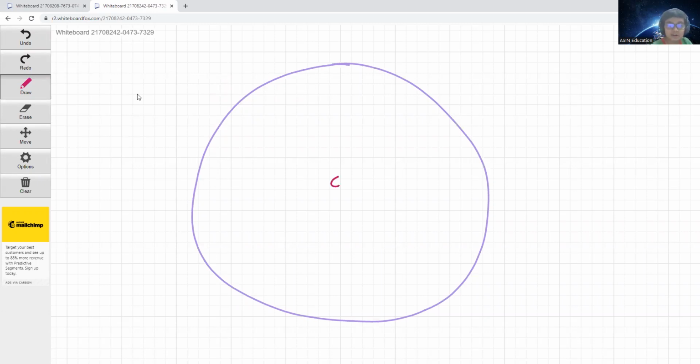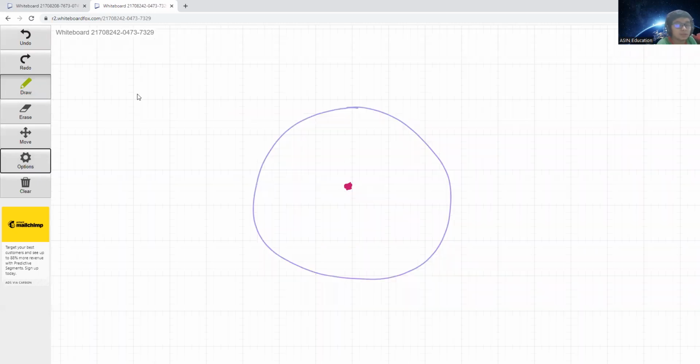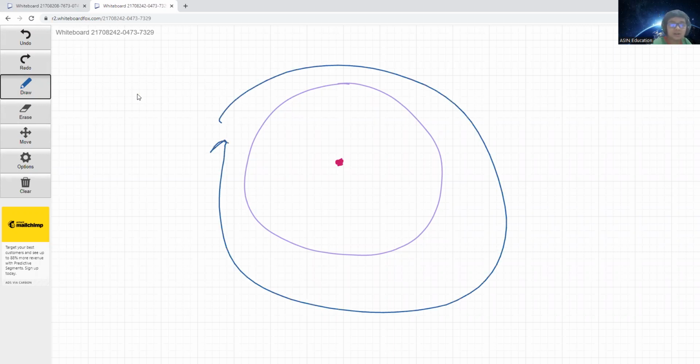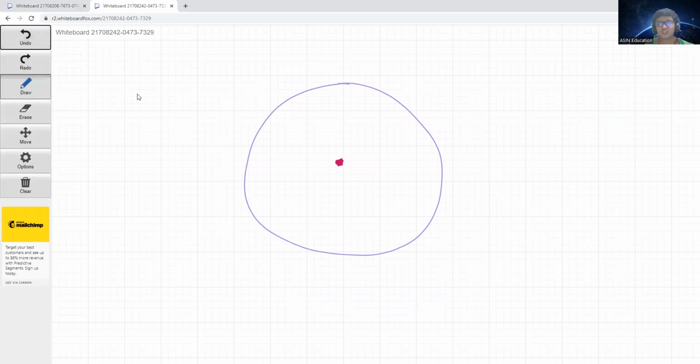So the center of the circle, like the midpoint, the perfect center of the circle. And then we have the circumference. The circumference is kind of like the perimeter, it's just the perimeter term used for a circle. So basically the distance around the circle.